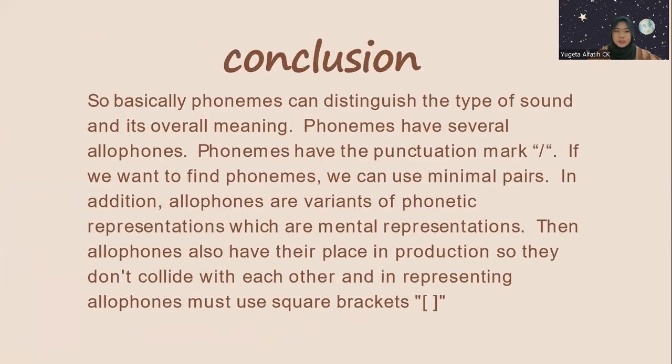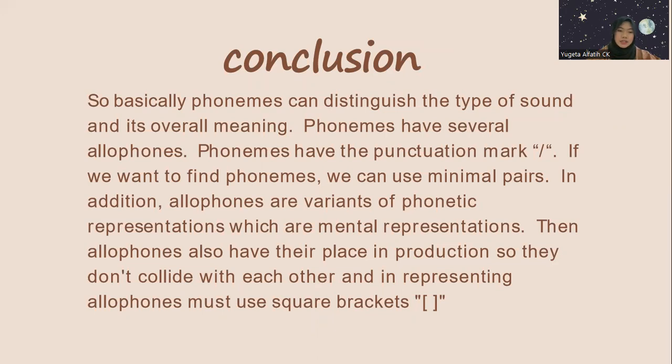So, in conclusion, phonemes can distinguish types of sound and overall meaning. Phonemes have several allophones. Phonemes are marked with slashes. If we want to find phonemes, we can use minimal pairs.